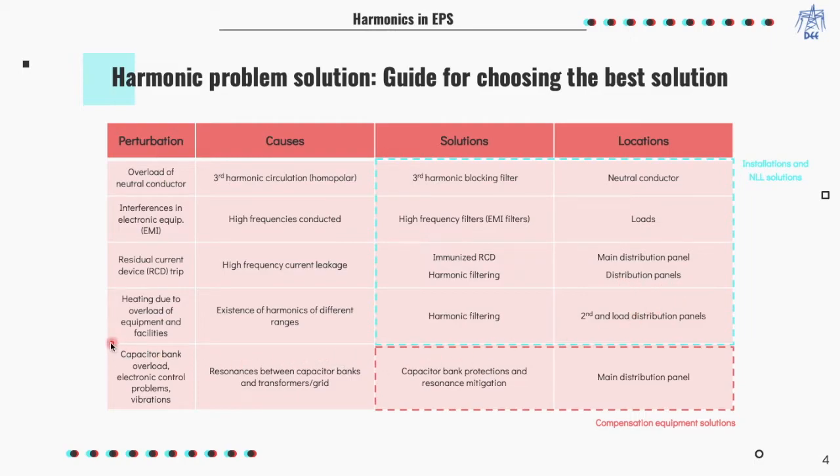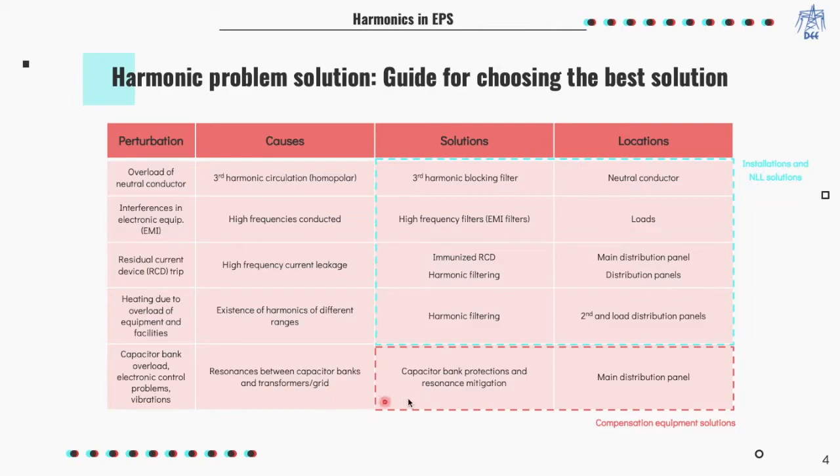The last perturbation in installations and nonlinear load solutions is the heating due to the overload of equipment and facilities. This is due to the existence of harmonics of different ranges, and the solution is harmonic filtering located at the secondary and load distribution panels. Regarding compensation equipment solutions, the main issue is the capacitor bank overload, electronic control problems, and vibrations due to the resonances between the capacitor banks and the reactances of the transformers or grid.